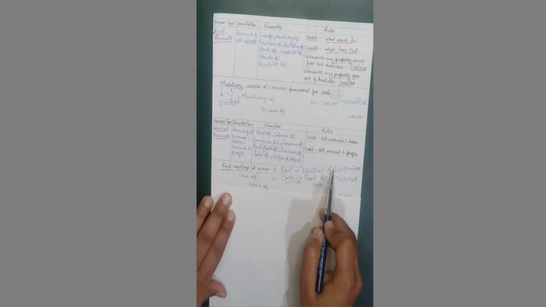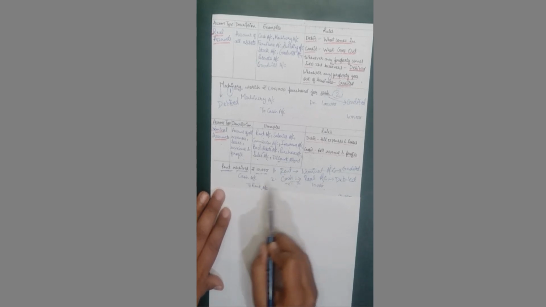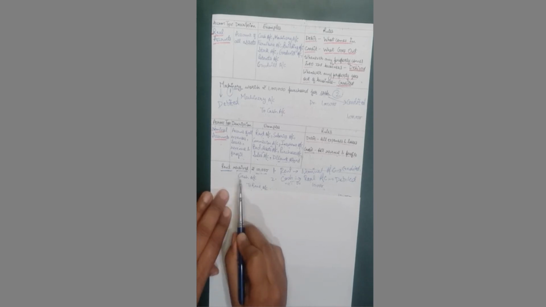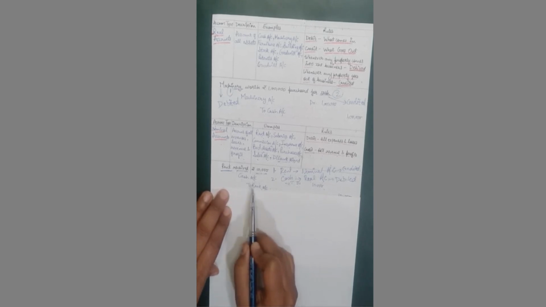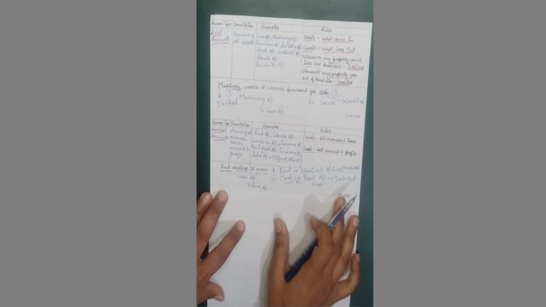The journal entry will be cash account debited to rent account by the amount 10,000. I hope that this is clear to you.